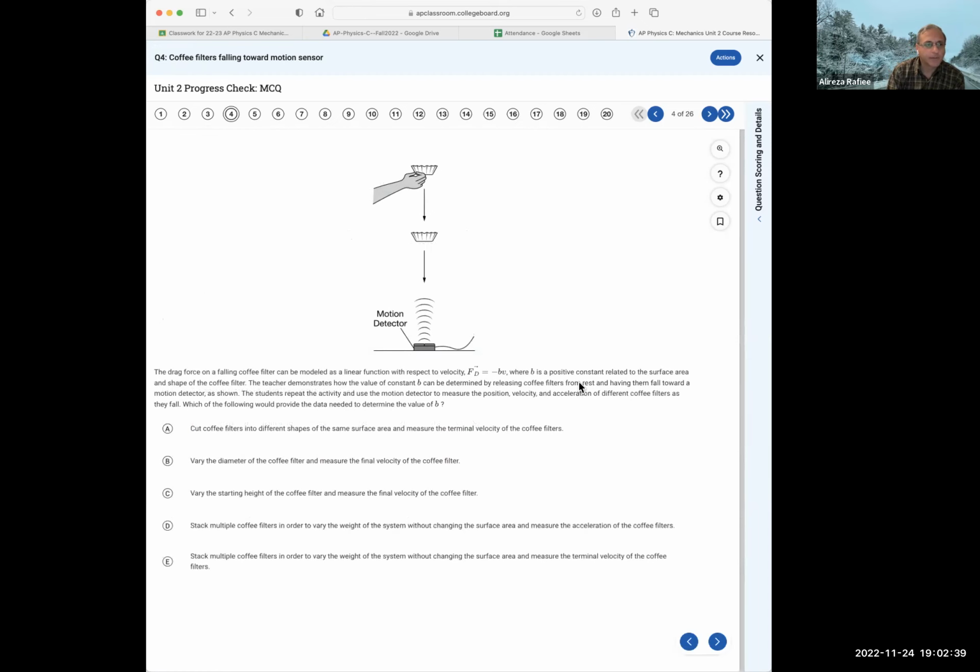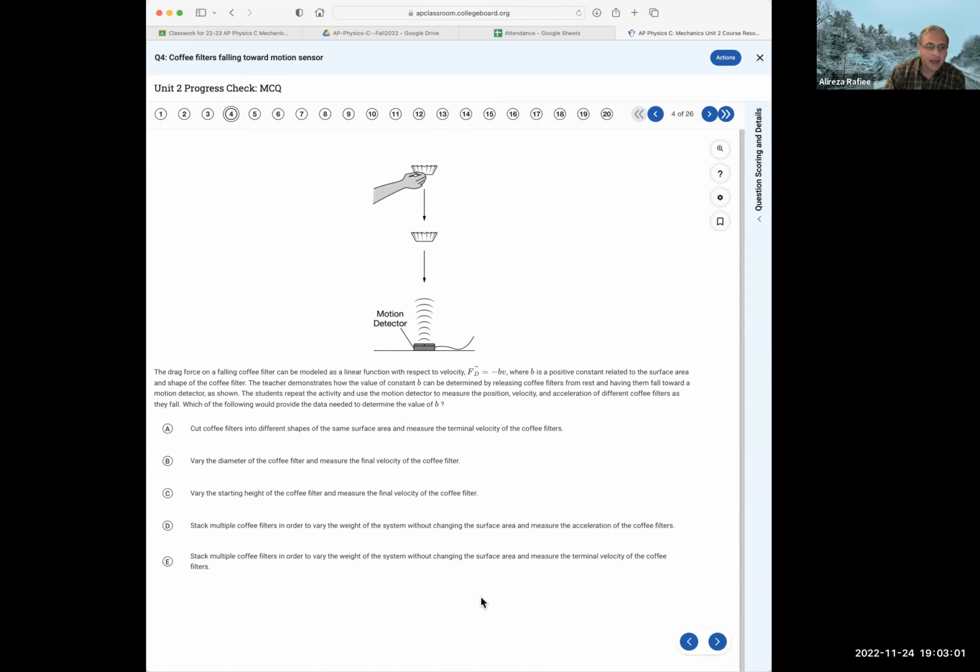How about this one? You read and you tell me what happens. So you have some coffee filters, you drop them. They're not point-like objects, so there will be air resistance against them.